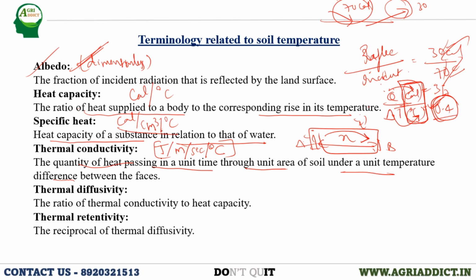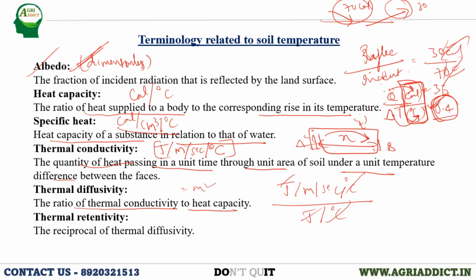Next one is thermal diffusivity. Thermal diffusivity is the ratio of thermal conductivity to heat capacity. That means joule per meter per second per degree centigrade, divided by heat capacity units, which are joule per degree centigrade. What will be the units of thermal diffusivity?